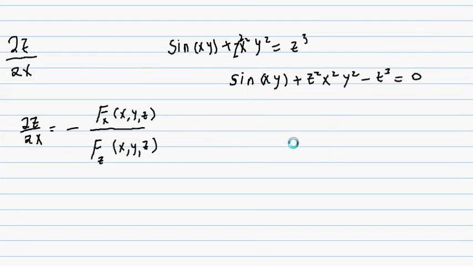And now what I'm going to do is call this thing here big F of x, y, z. So big F of xyz is going to be this expression right here.